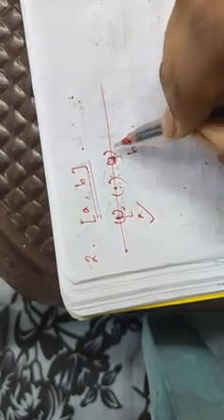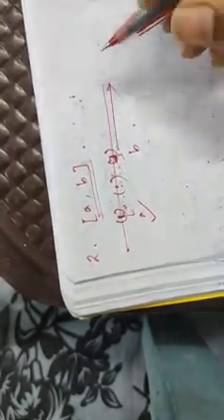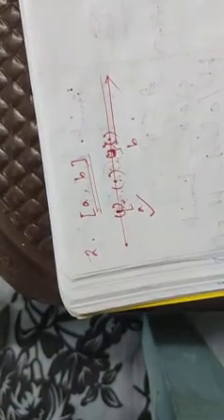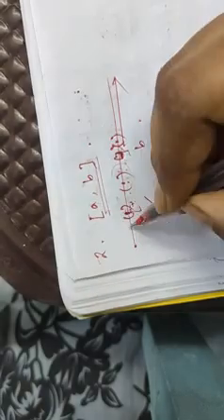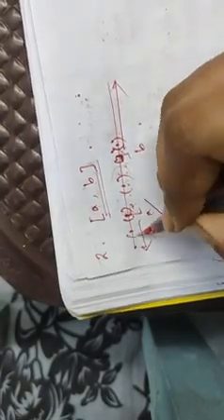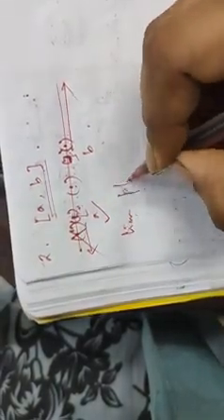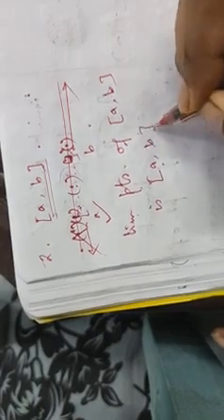Similarly, any point to the right of B will not be a limit point, because if you choose any one, we can always find a neighborhood with no point of that set other than B. Similarly, the points to the left of A are also not limit points of that set. So we can conclude that the set of limit points of the closed interval AB is the set itself, that is, closed AB.